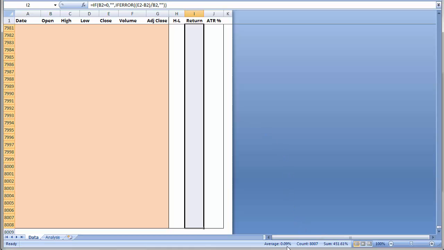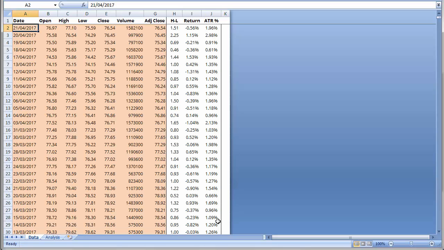And as you can see here, the average is 0.09. So that's the midpoint essentially, or the average, of all of these returns accumulated.